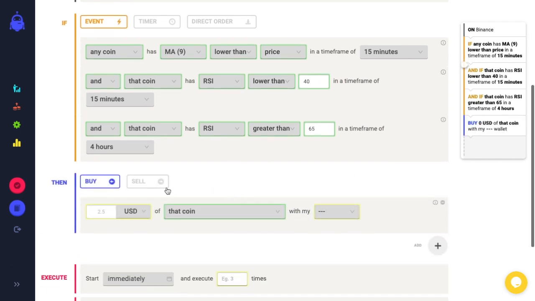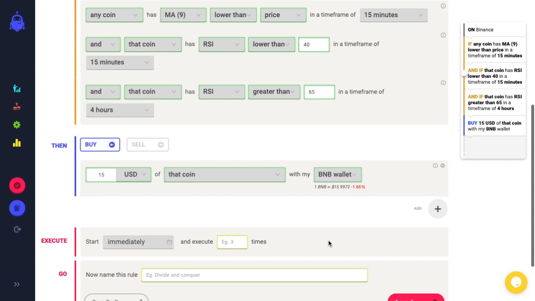In that case, I am going to buy with my BNB wallet. I have some available BNB, so I will use them for my strategy.